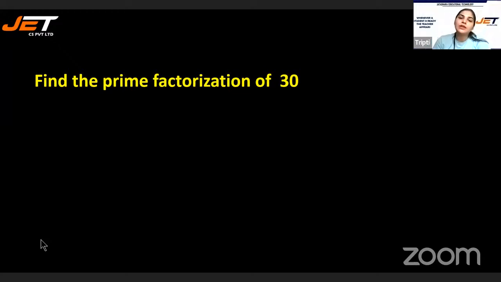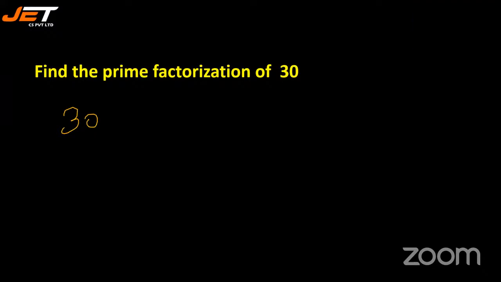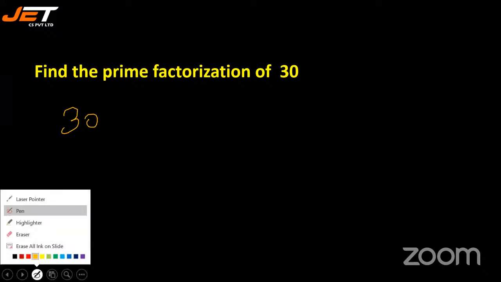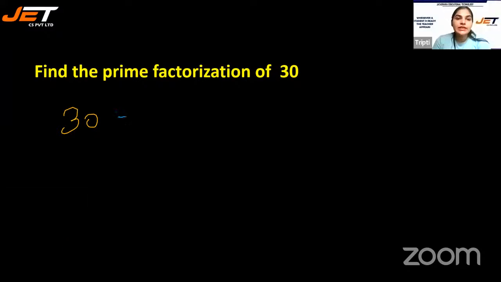Okay, so let's see how we have done it. If I talk about the prime factorization of 30, 30 can be written as 2 times 15.